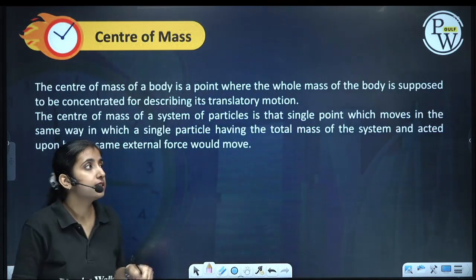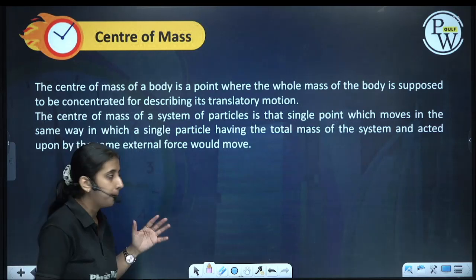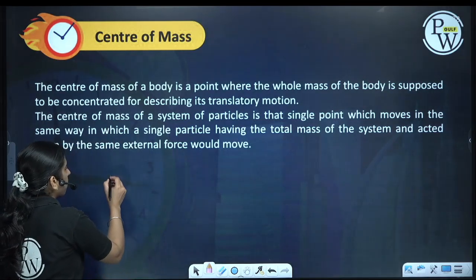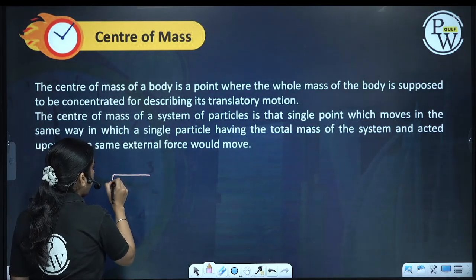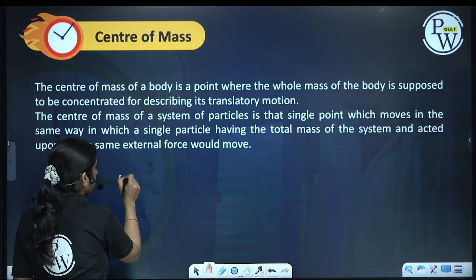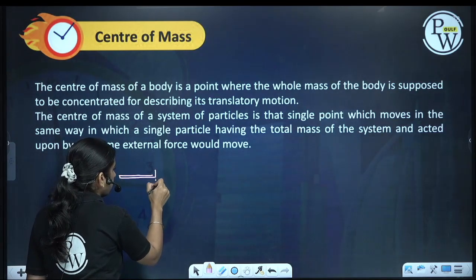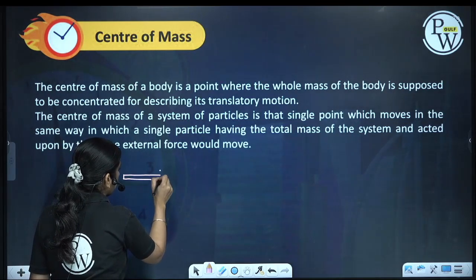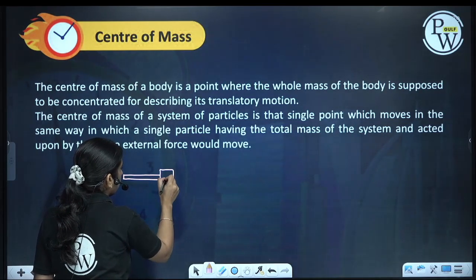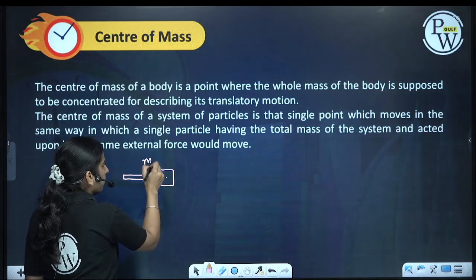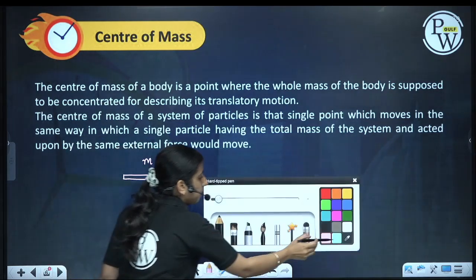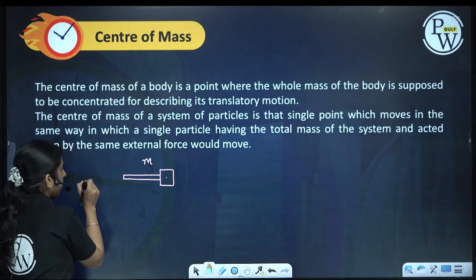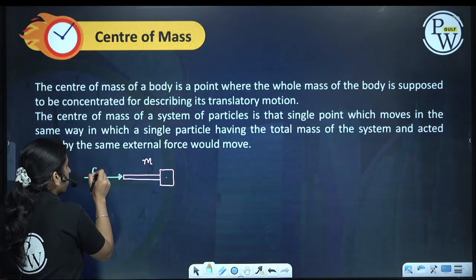Now let us come to center of mass. Suppose we have a hammer like this, of mass M. We apply a force F on this hammer.